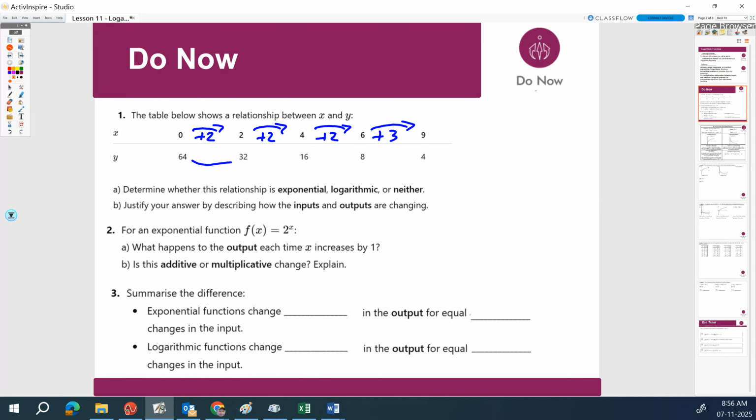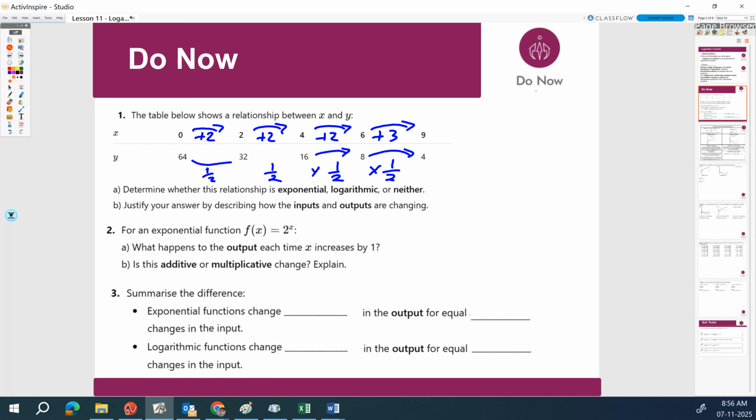So if we look at here, we're doing multiply by a half. This one is multiplied by a half, this one is multiplied by a half, and it's at this point here we can say that it is neither, because it would have to be a different value. So each step would be multiplied by a different amount.